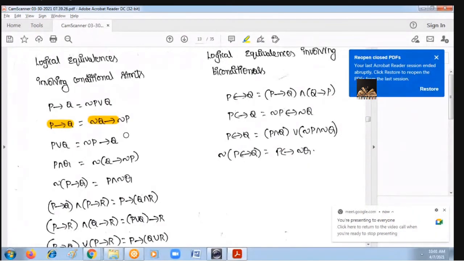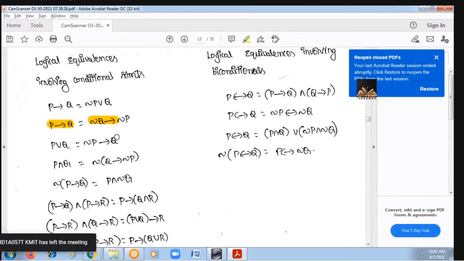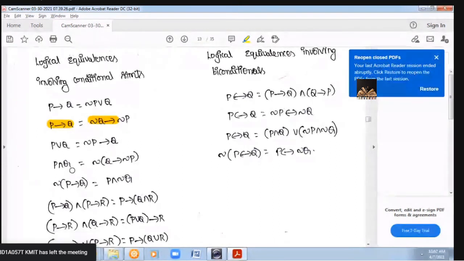Right? So, similarly, P or Q can be equal to negation P tends to Q. Now, P and Q is logically equivalent to negation of P tends to negation Q. Next, negation of P tends to Q. That means just apply a negation to the first formula.